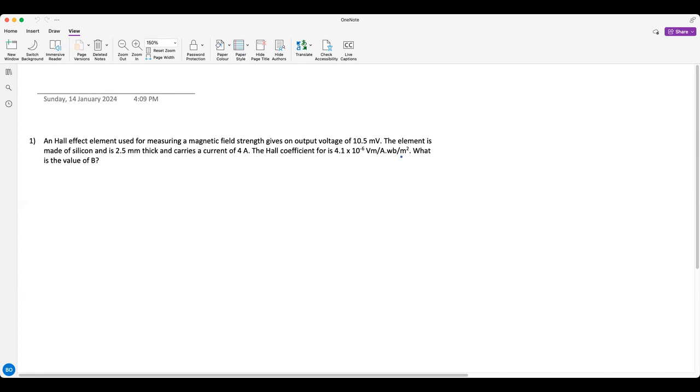For this, you can use a Hall effect element. So a Hall effect element used for measuring magnetic field strength gives an output voltage of 10.5 millivolts. What do they mean by output voltage?